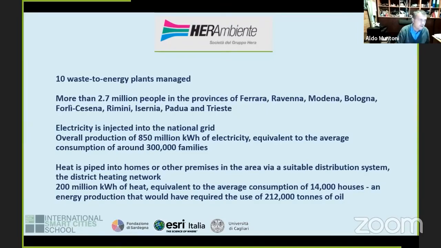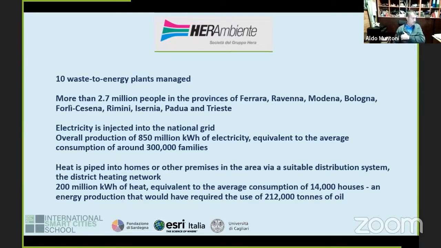These are public-private companies that we never had in Sardinia, but in the north of Italy, they manage all the services for the municipalities, not only waste management, but also wastewater treatment and public transport, energy distribution, etc.